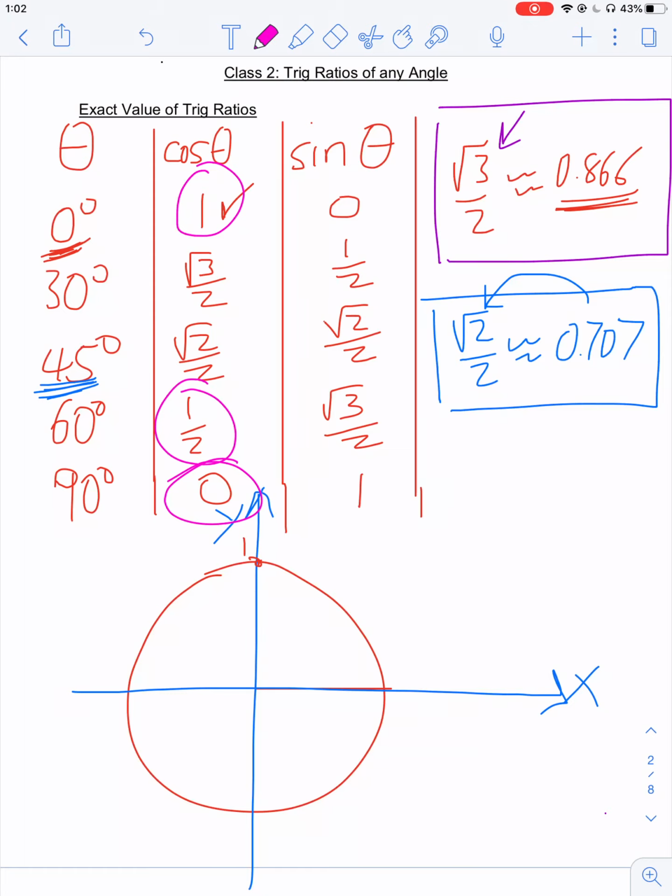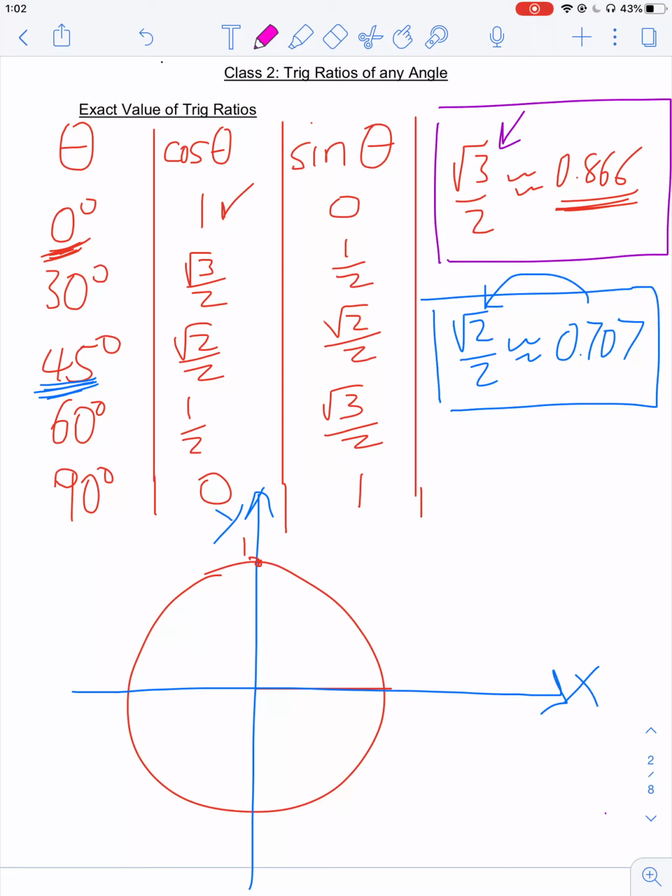So these three are nice numbers, and you don't have to worry about them. You use your calculator and you get an exact value. But once you start getting 0.866 or 0.707, then it has to be one of these, and you need to know which one it is. That's a trick I used to use when I was in high school. But again, this stuff you can just use your calculator and figure it out.